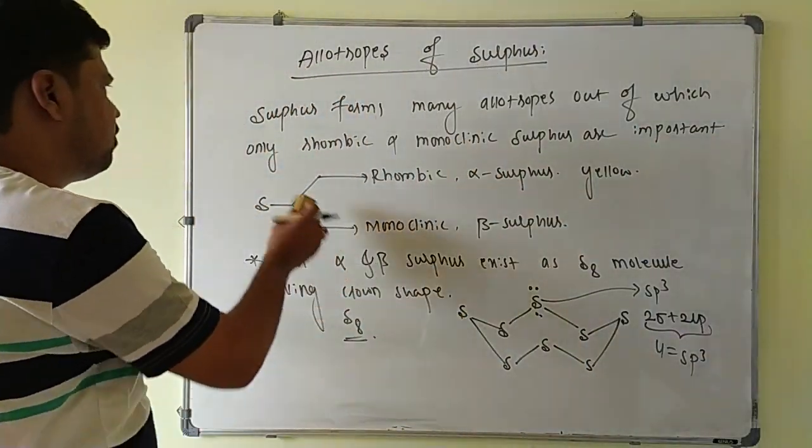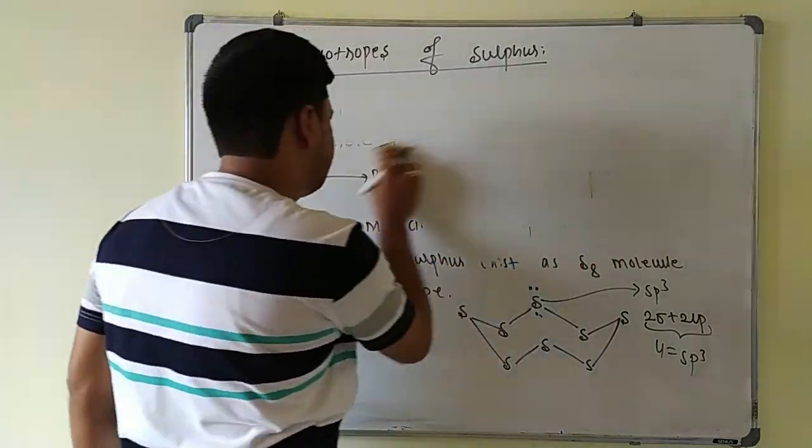Next we will discuss rhombic sulfur and monoclinic sulfur in detail. First we will go for rhombic sulfur, preparation and properties.